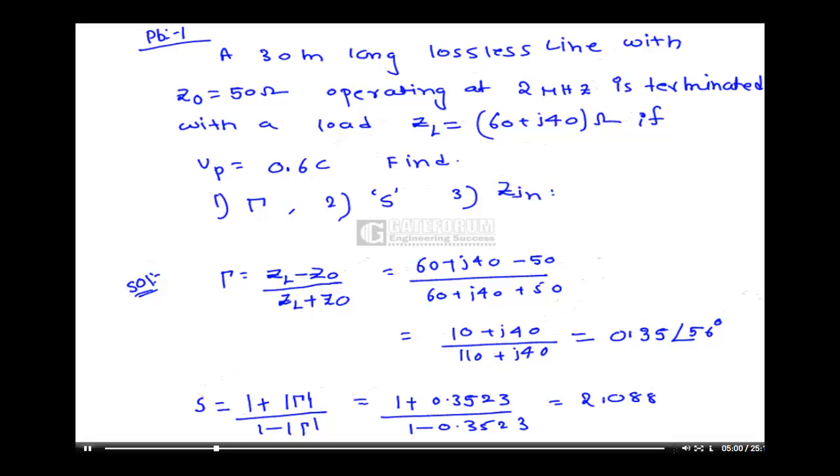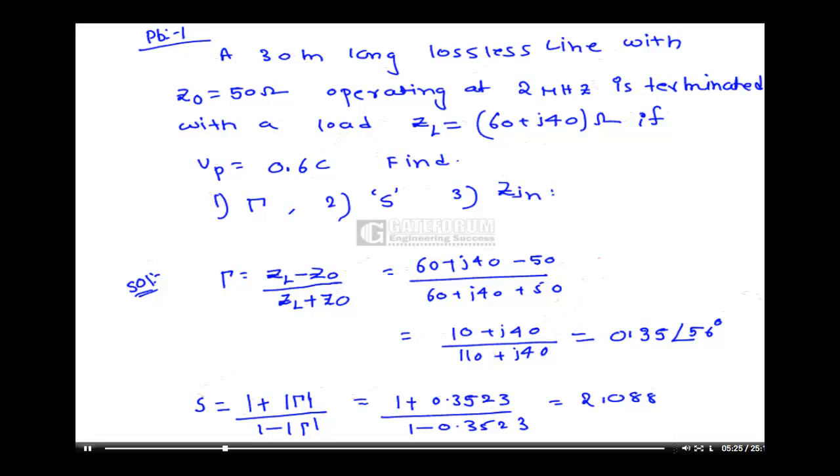What is the beta L value? We can easily calculate. Phase velocity is given as 0.6 c. We know that phase velocity is equal to omega by beta, which implies beta is equal to omega by phase velocity.